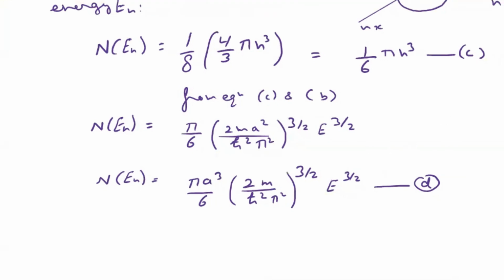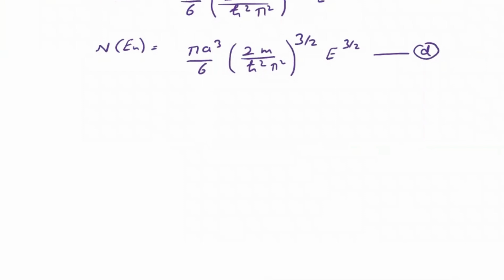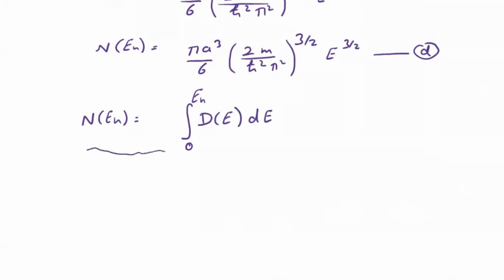Now, another way of describing n of En, the density of occupied states up to energy En, is integrating the density of states up to En. Equating this with equation D is another way of describing the density of occupied states up to energy En.